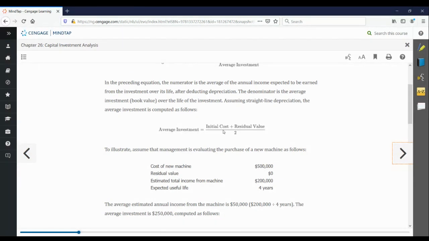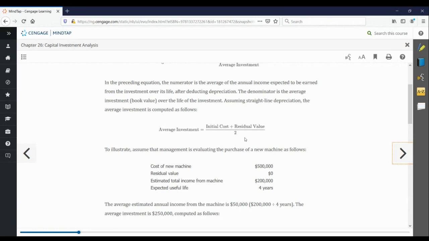So the initial cost would be $500,000 plus the residual value of 0 means that $500,000 would be divided by 2 to get the average investment, which would be $250,000. That's how I would come up with the average investment amount.